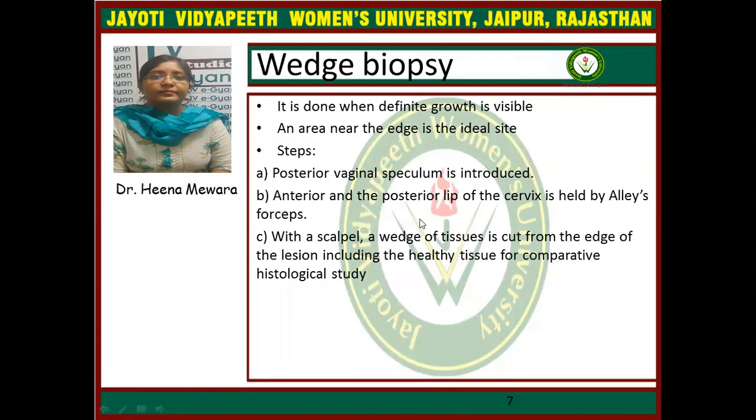Now vase biopsy. Vase biopsy is done when definite growth is visible, like polyp. An area nearer the edges is the ideal site.